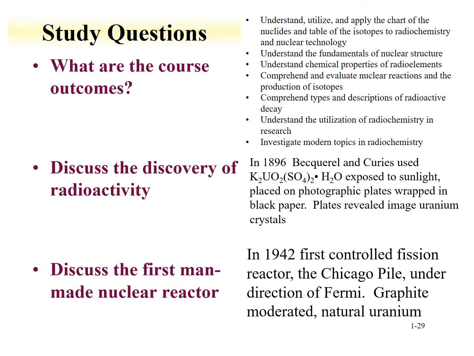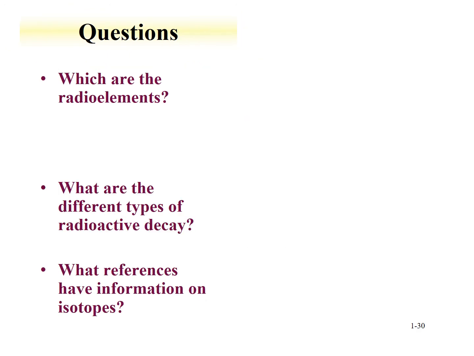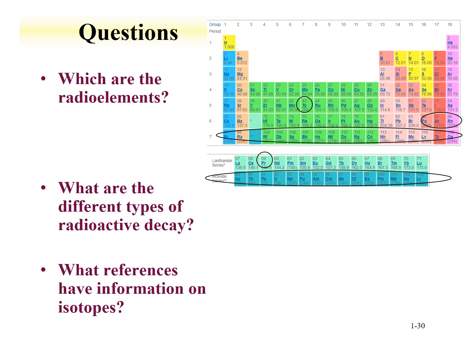It was a graphite moderated natural uranium reactor. We'll describe how the moderators, either water, deuterium, or graphite, influence the behavior of neutrons in a reactor. You should be able to identify the radioelements, and are shown here an example of those elements which are only available in radioactive flavors.